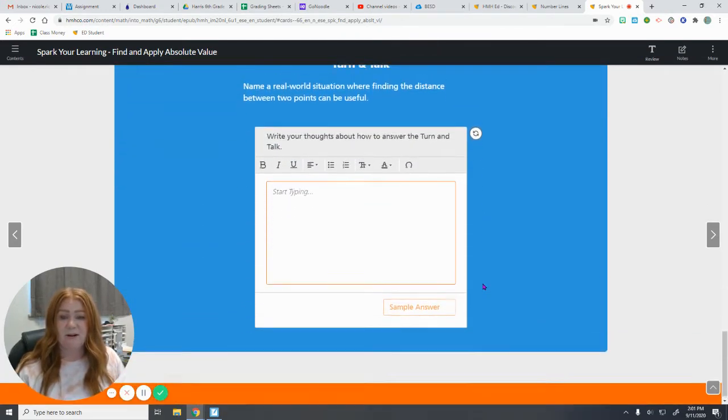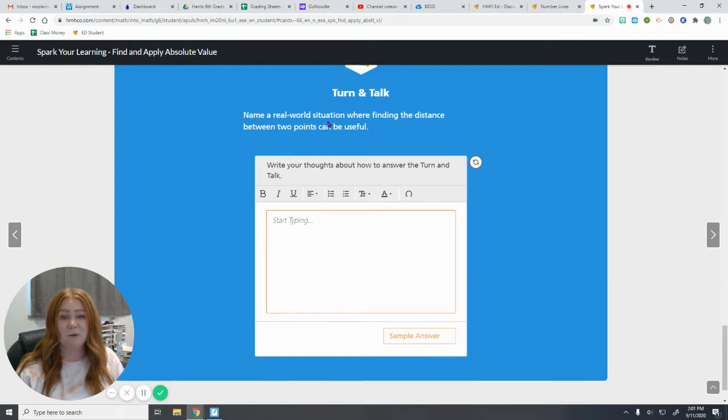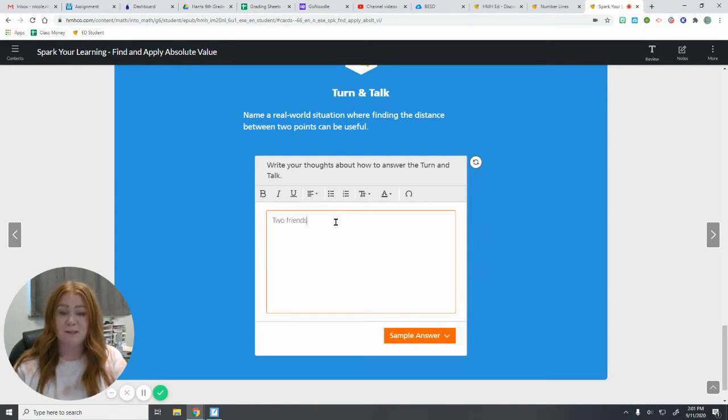Hey, your final part for your spark was to name a real world situation where you might need to find the distance between 2 points. A time that I can think of is if you have two friends walking home from school. So school would be like 0.